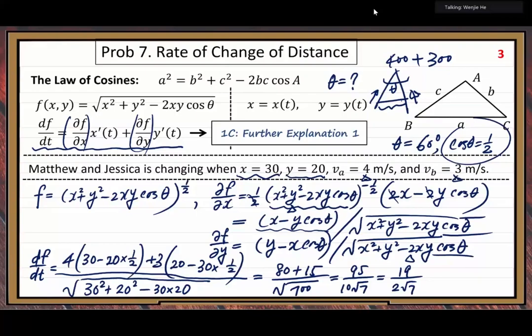Because x is decreasing, y is also decreasing. So when we use the derivative, x decreasing, y decreasing, we should use a negative number. So when we do the calculation, for example, this 4, we use negative 4. This 3, we use negative 3 for the derivative.